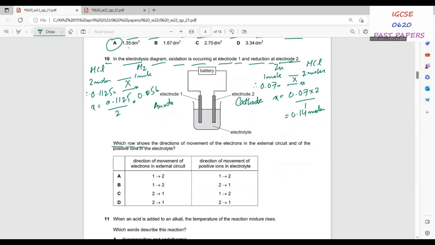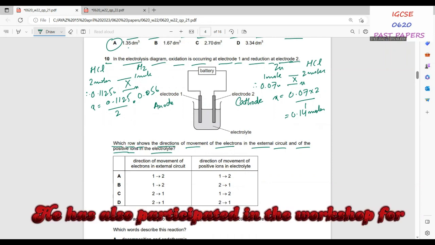Which row shows the directions of movement of the electrons in the external circuit and of the positive ions in the electrolyte? The direction of movement of electrons in the external circuit is from 1 to 2, because at the anode there's oxidation taking place, that is loss of electrons, and at the cathode there's a gain of electrons.